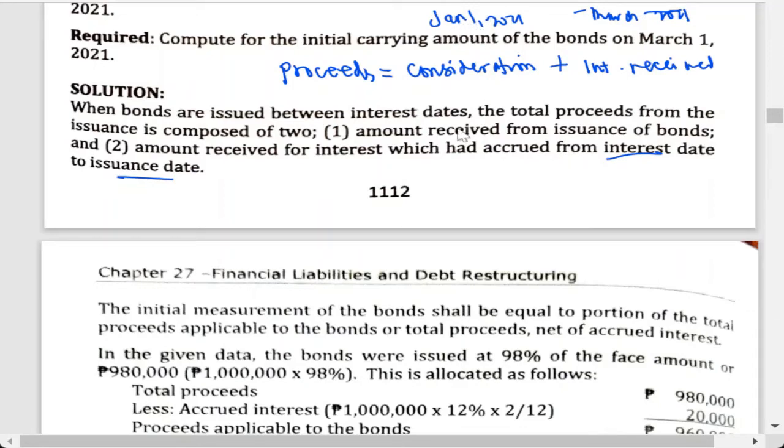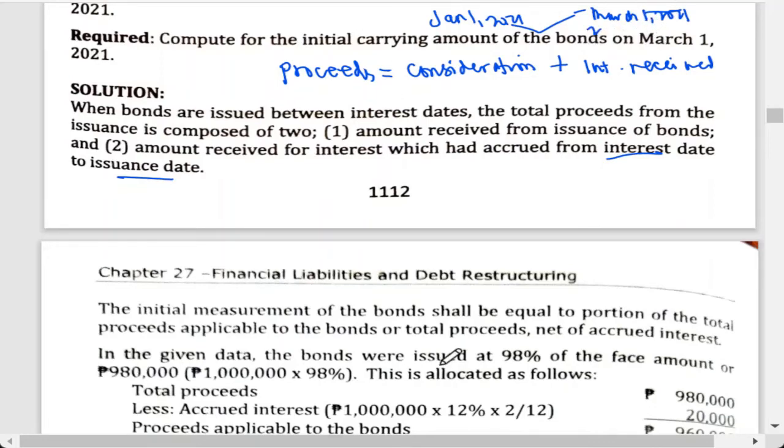So the fact is, the interest date is December 31, so going to March 1, that's the entire January and then the entire February. How many months are there from January to March 1? That's 2 months.